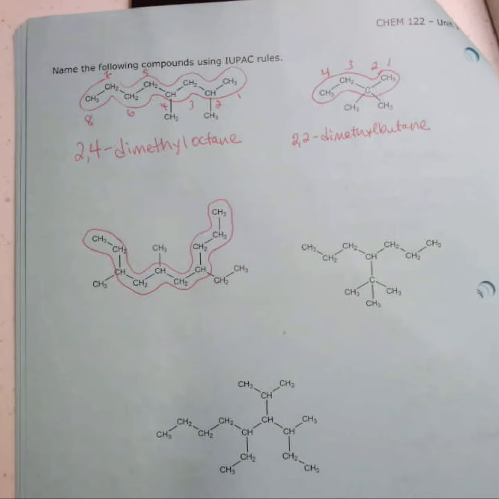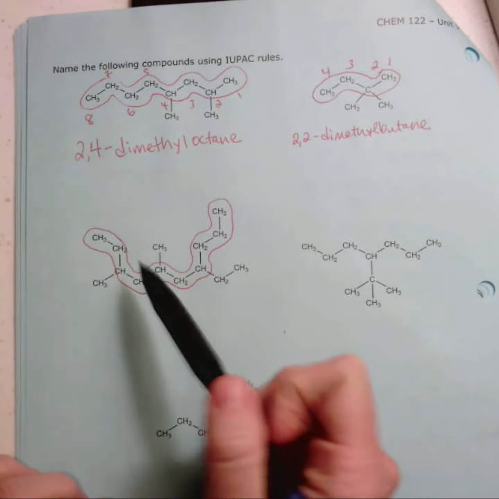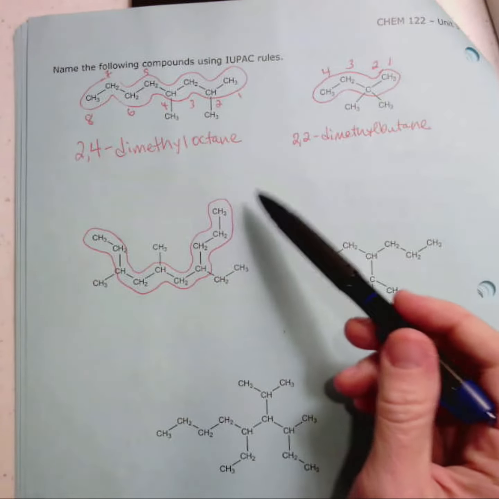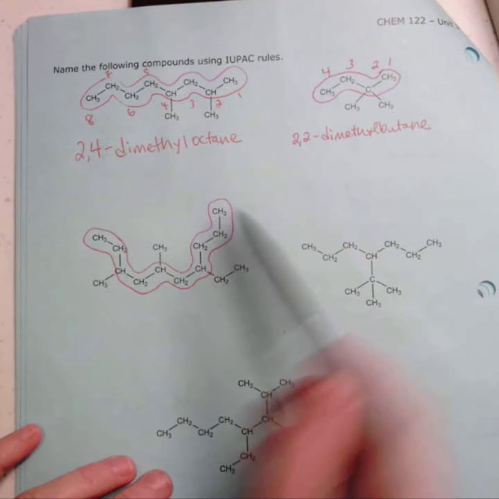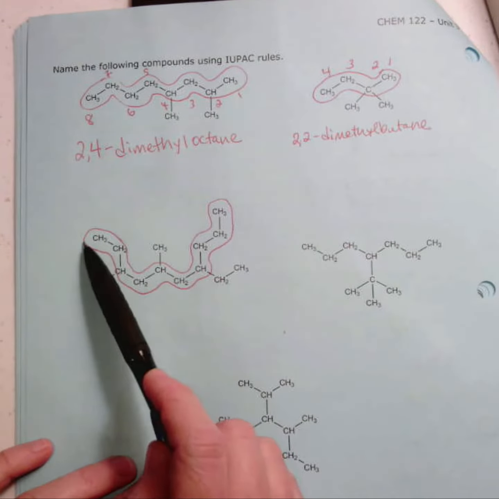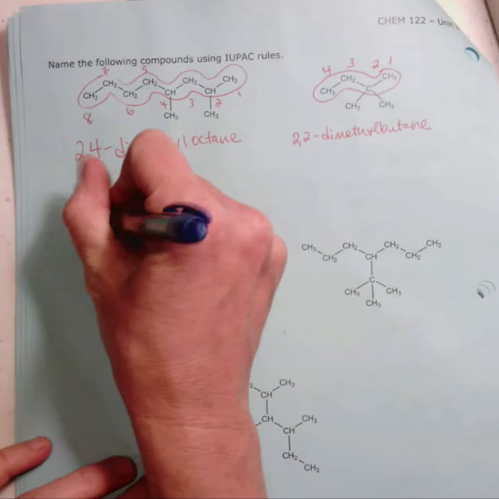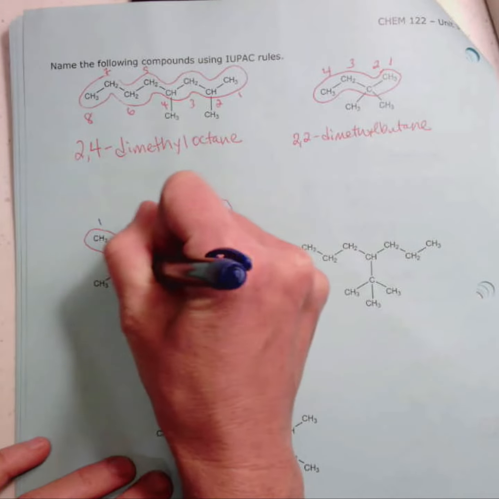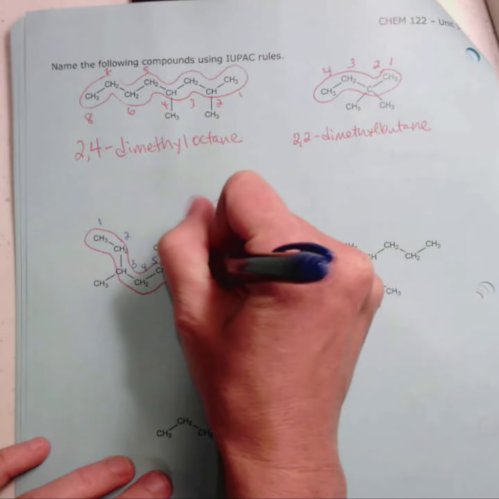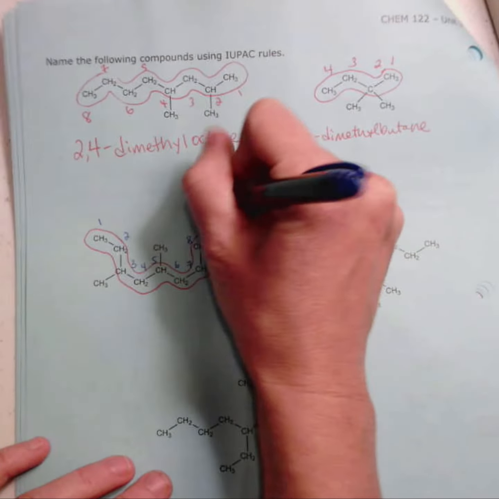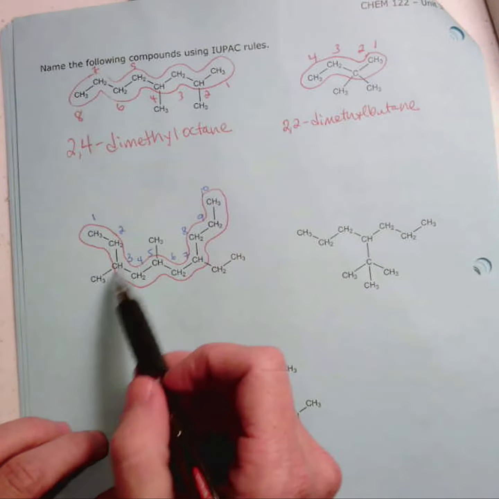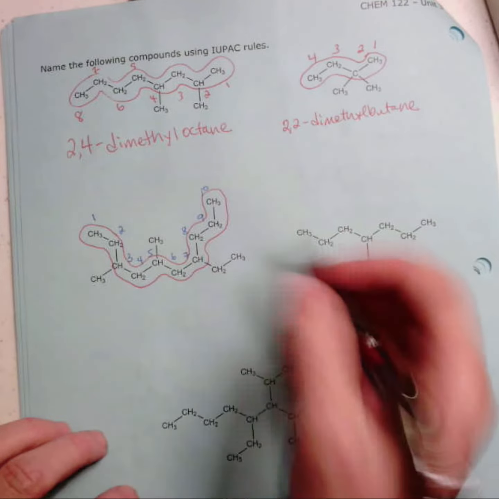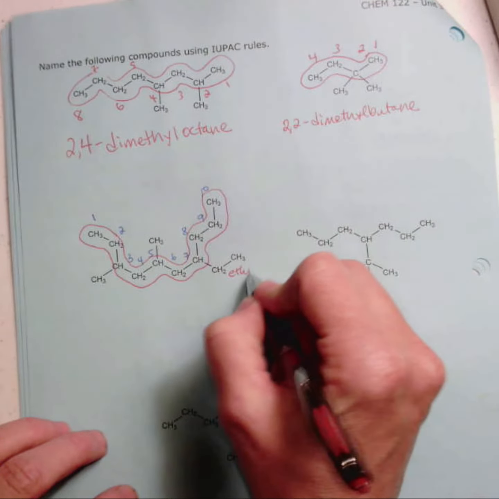Now, numbering this one. This old man decane's a real stinker. When numbering, you can start at this end or you can start at this end. And we're actually going to start numbering at this end. So 1, 2, 3, 4, 5, 6, 7, 8, 9, 10. On the 3rd and the 5th carbon I have a methyl, and on the 7th carbon I have an ethyl.